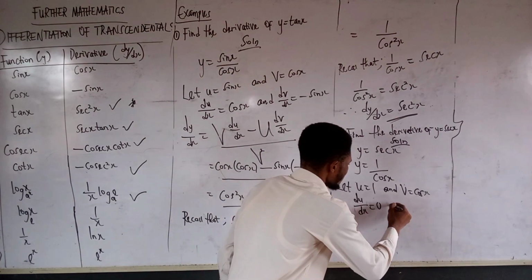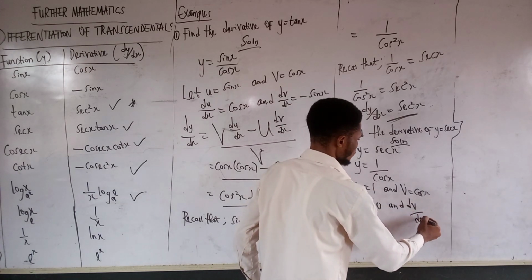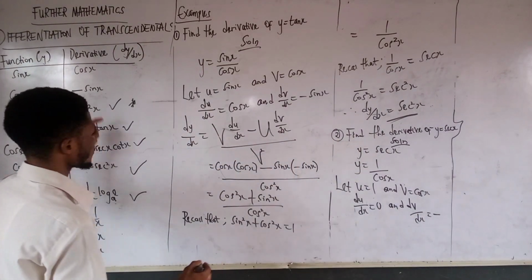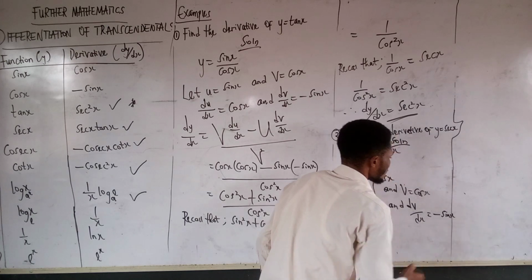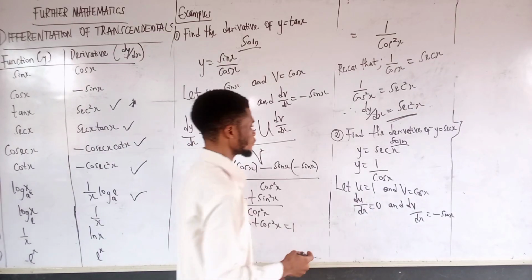And dv/dx will give me the differentiation of cos x, which is minus sin x. So I will take it straight up: minus sin x. Then after that, I move further by introducing the formula.